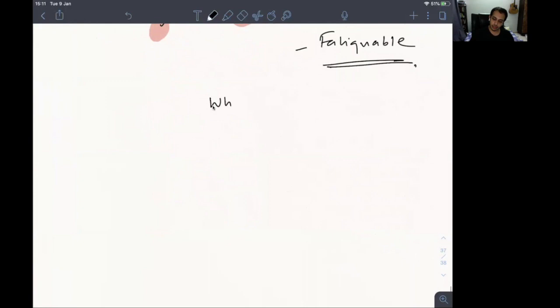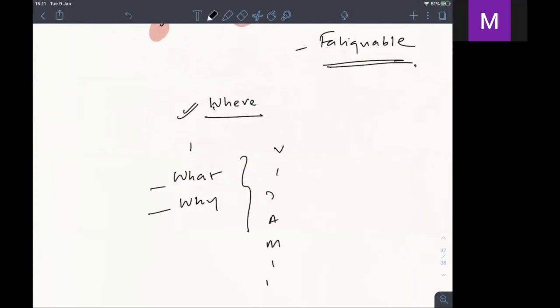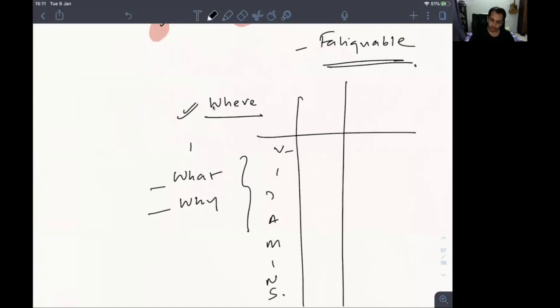Once we come to where is the lesion and we are confident that we have diagnosed the site of the lesion, then you can move on to what and why is the lesion. And the way to approach this is VITAMINS. This mnemonic can be applied to every level where the lesion can be.